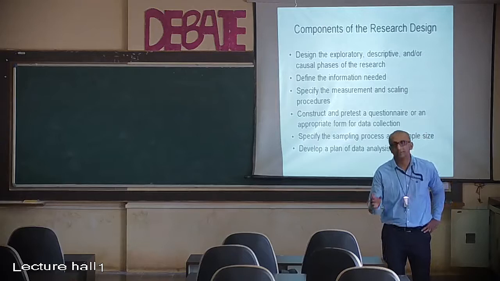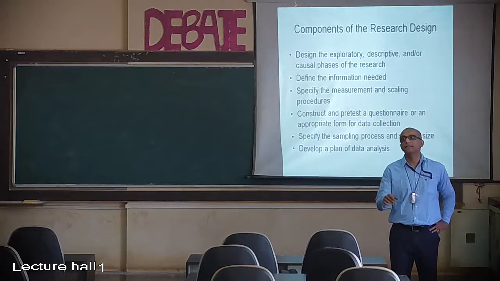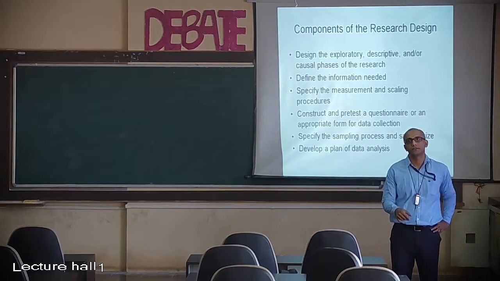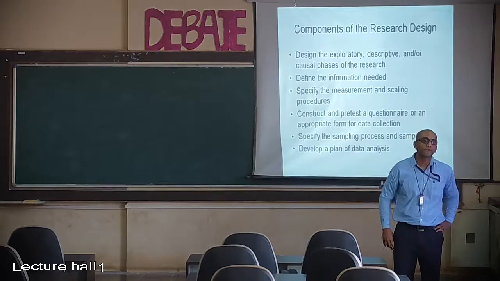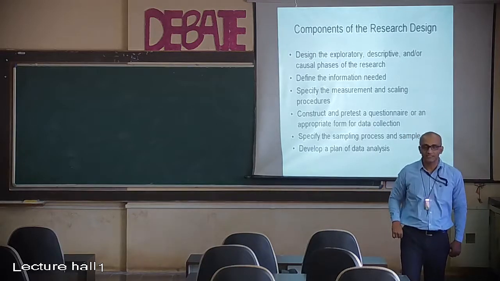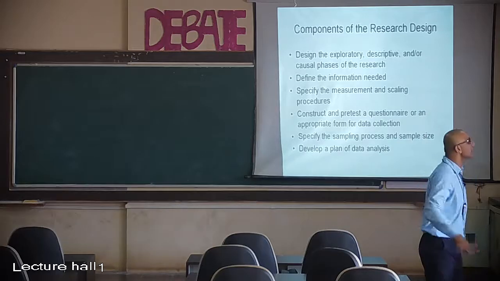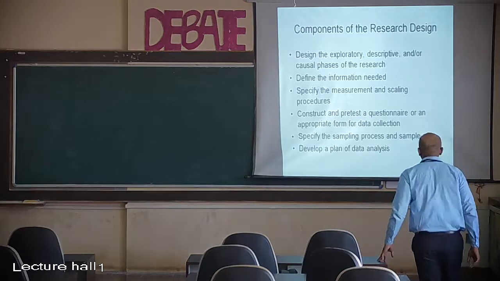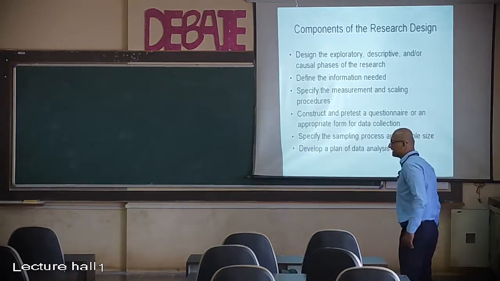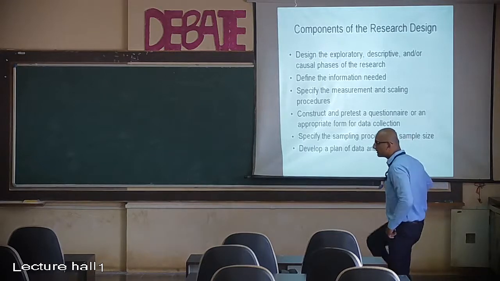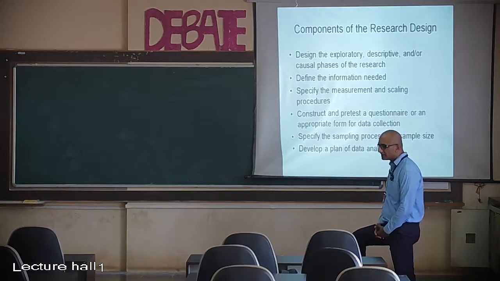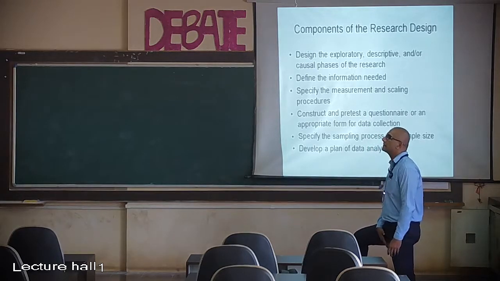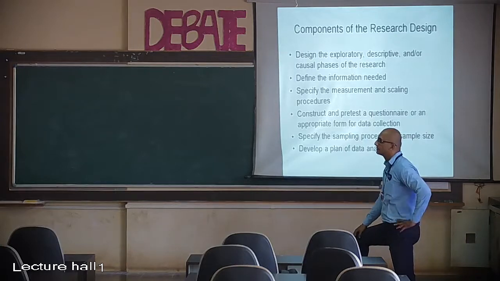And again, there are different methods, probabilities. Again, there are different methods of probabilities. So, the probability of selecting or representing each and every member of the population. What does this mean? Let's suppose I have a population of 60 students.